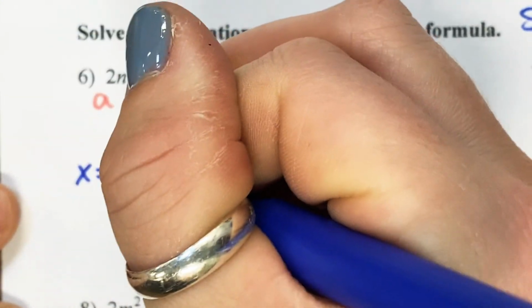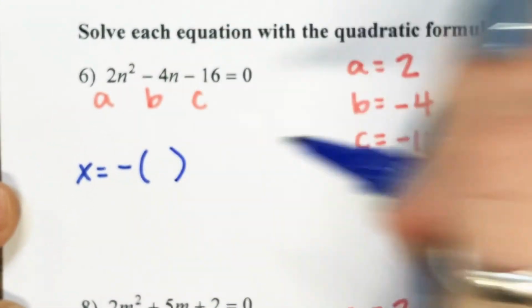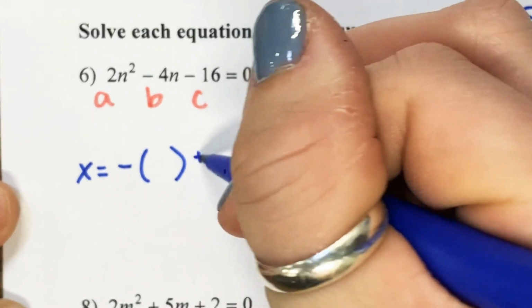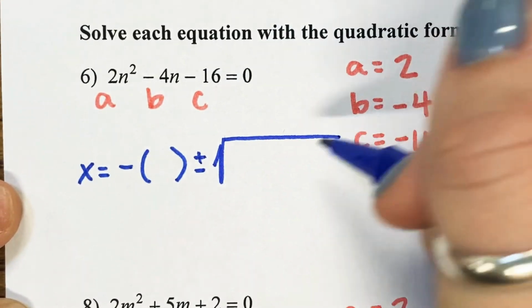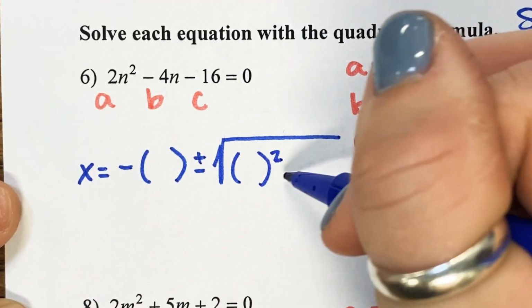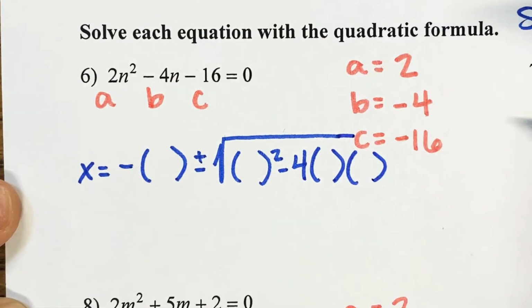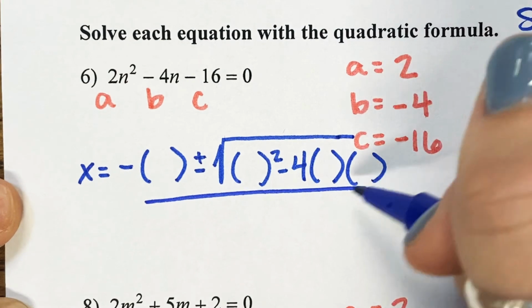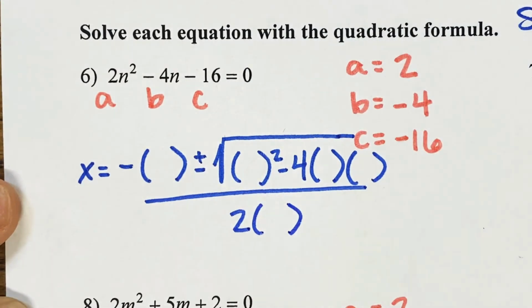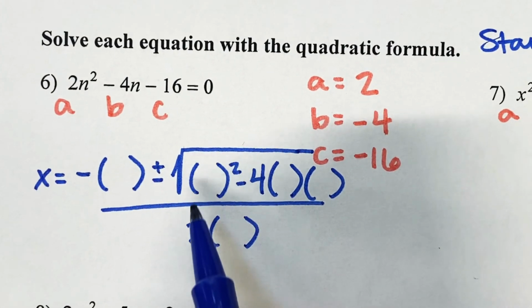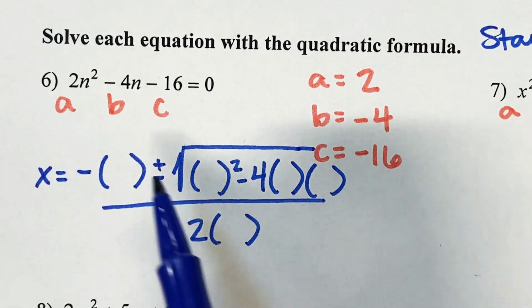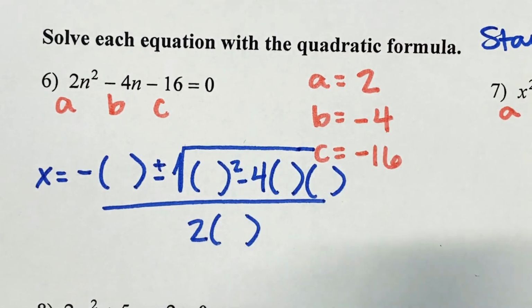X is equal to -b, but instead of a b, put a blank space, plus or minus the square root of b squared minus 4 times a times c, all over 2 times a. Okay, so we just got rid of the a's, the b's, and the c's, and instead we put blank spaces. No more letters over here, just numbers.